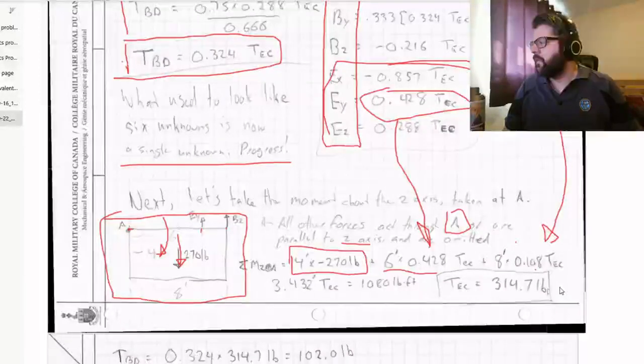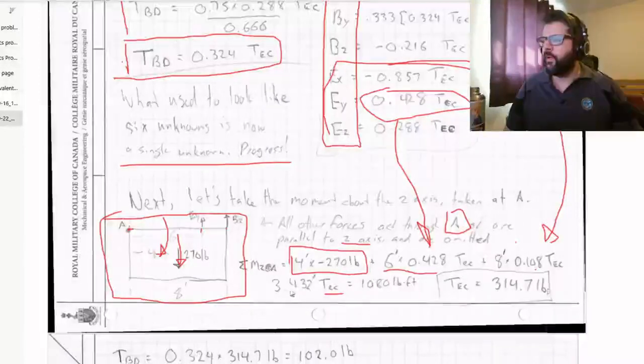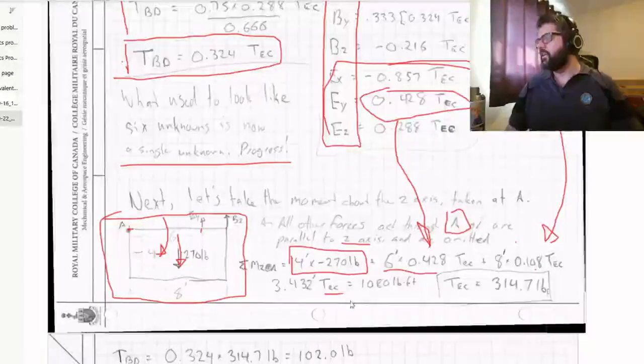So that basically allows us to solve for TEC. We take the 6 feet times that and the 8 feet times that, add those two things together, we get 3.432 feet TEC, and move this over to the other side of the equation.